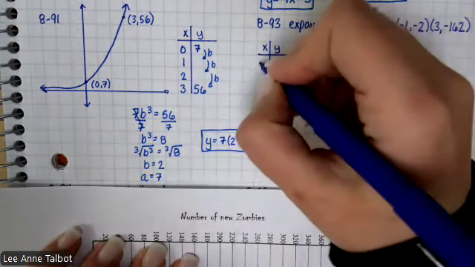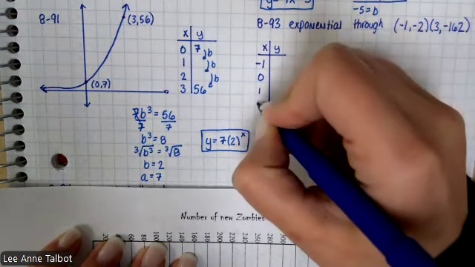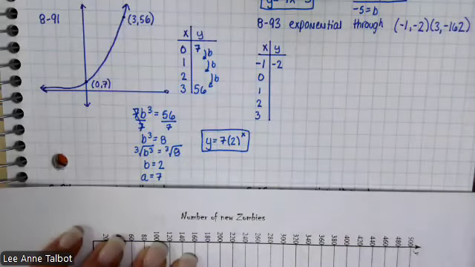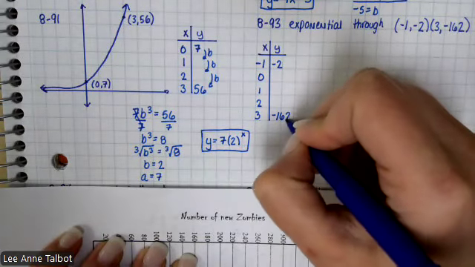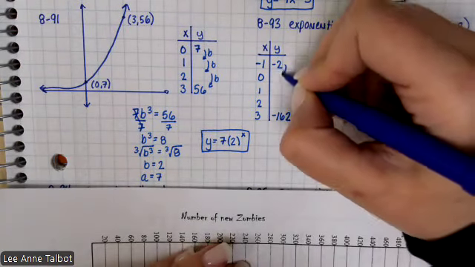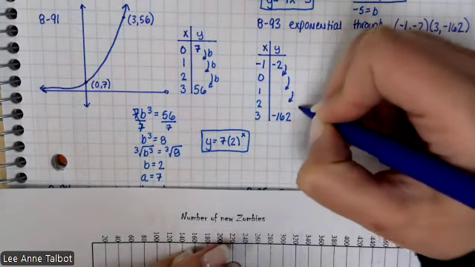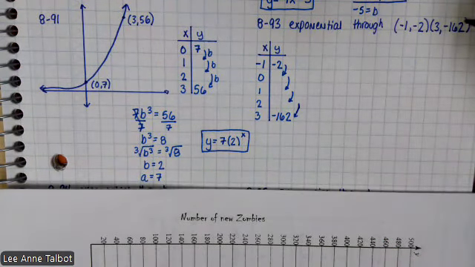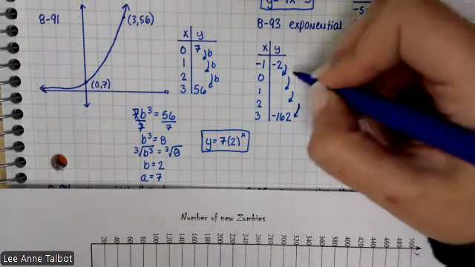Okay, so -1, 0, 1, 2, 3. How many b's? 4.